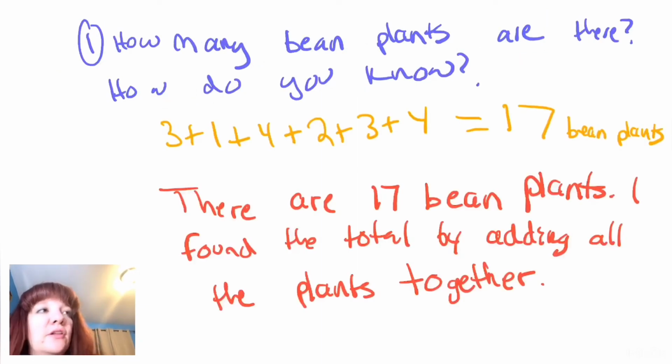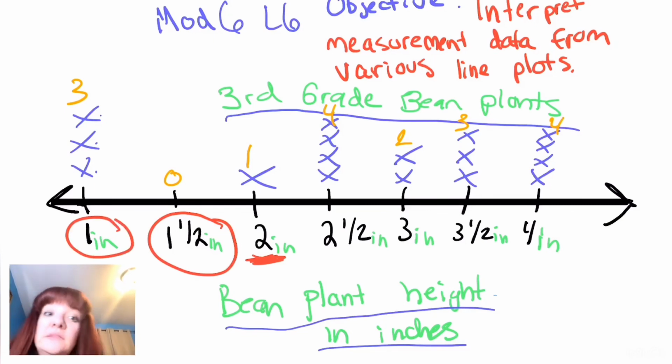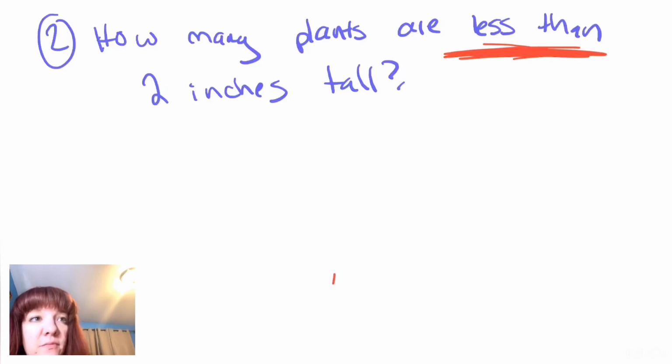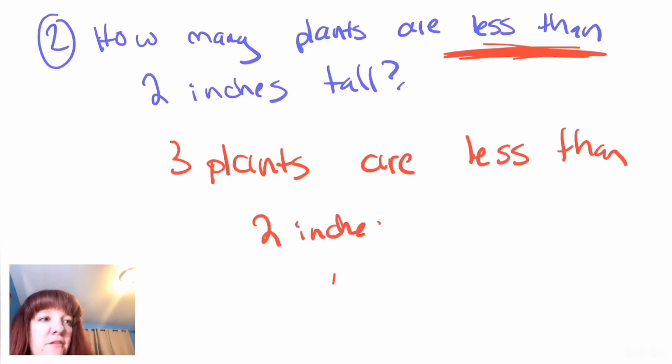So that would include plants that are 1/2 and plants that are 1 inch. So there's 0 plants here and 3 plants for 1 inch. So your answer would be 3 plants are less than 2 inches tall.